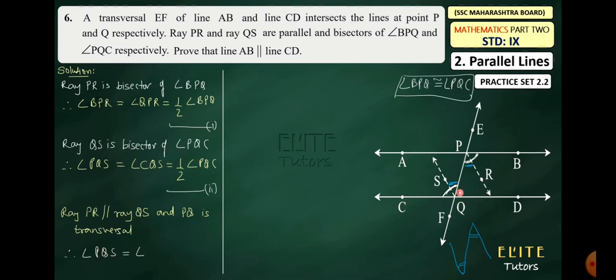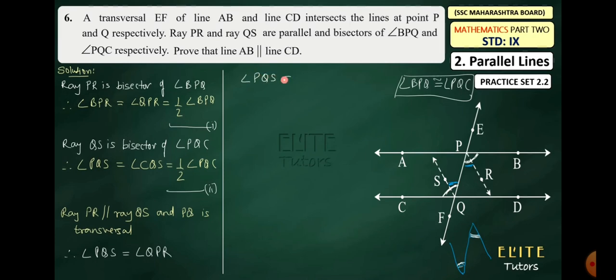So we will write angle PQS is equal to angle QPR. We have the value of PQS in the second equation, PQS equals half of PQC.